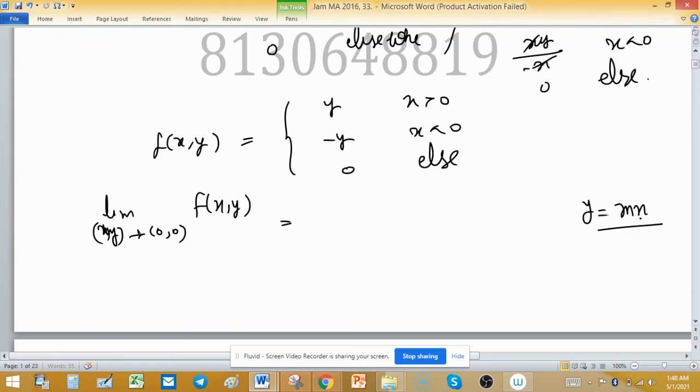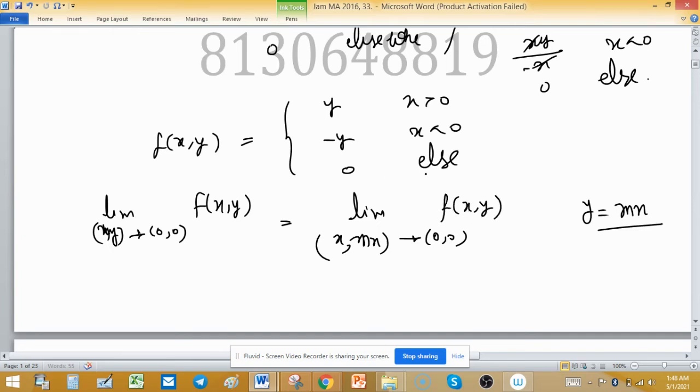Y equal to mx we can check sufficiently many times, so it can be the limit as (x, mx) tends to (0, 0), or finally x tending to 0 of f(x, y).